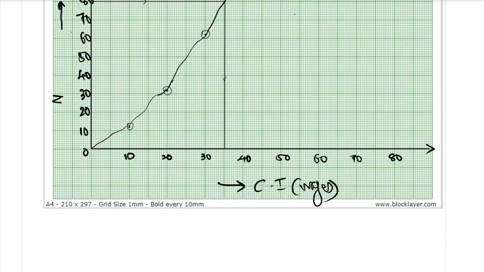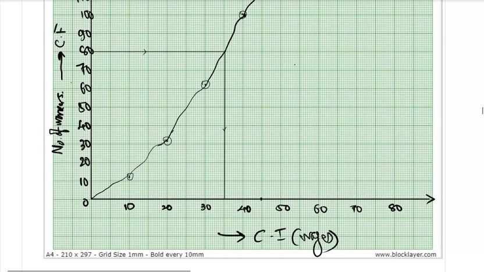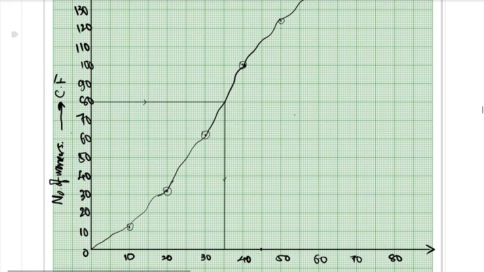I'm just going to write over here: number of workers, cumulative frequencies. So these are your wages. Where is 45 over here? 45 will be between 40 and 50 exactly. So this is where your 45 is. From here, we are going to draw a straight line which is going to intersect our ogive at a point.